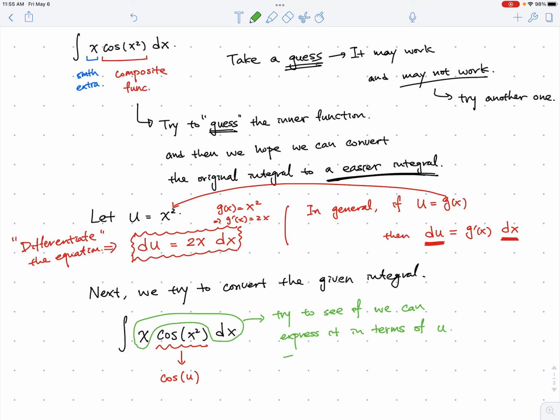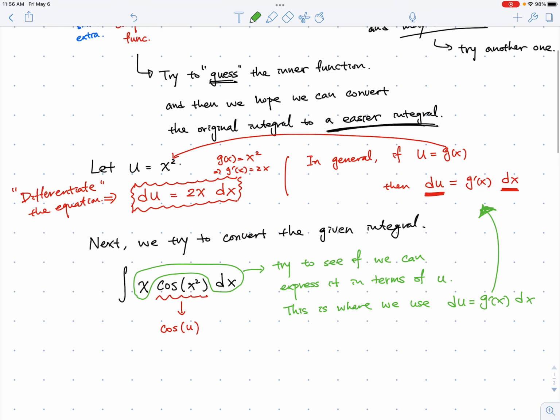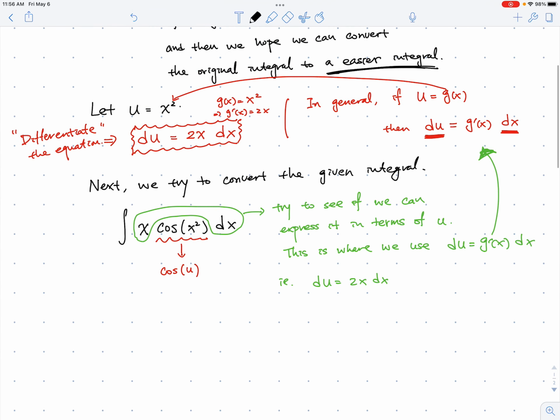This is where we use the differential part, du equals g prime of x dx. In this example, that is du equals 2x dx.